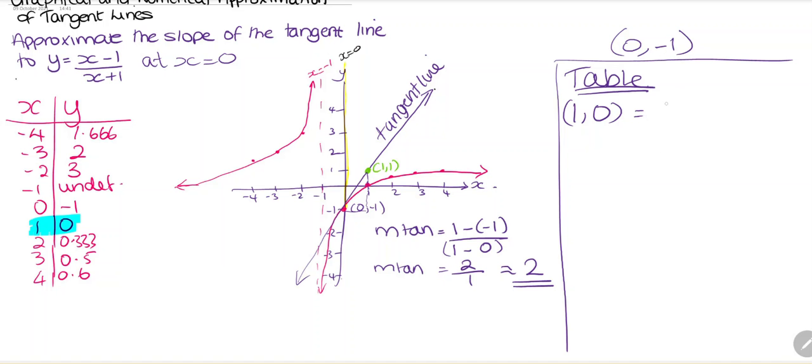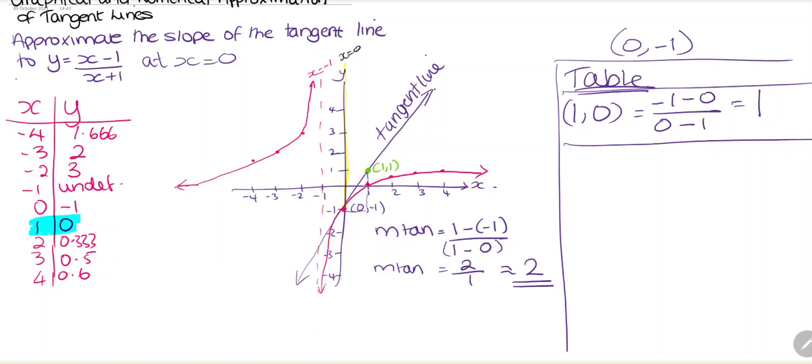So we've got minus 1 minus 0 divided by 0 minus 1. So minus 1 divided by minus 1 is just going to be 1. Then we need to choose another value which is a bit nearer.